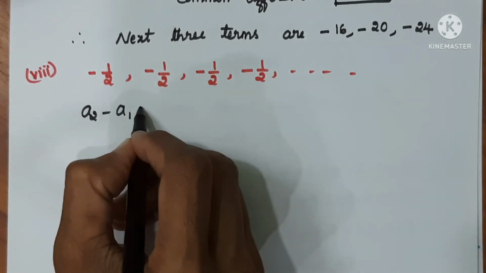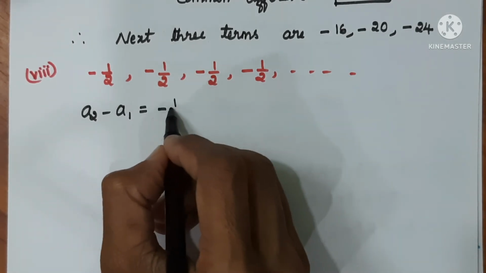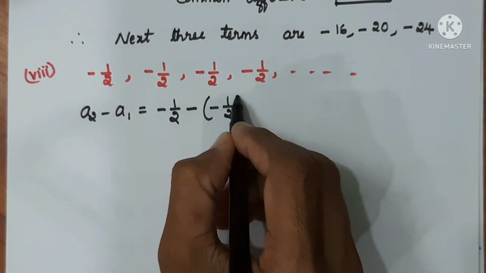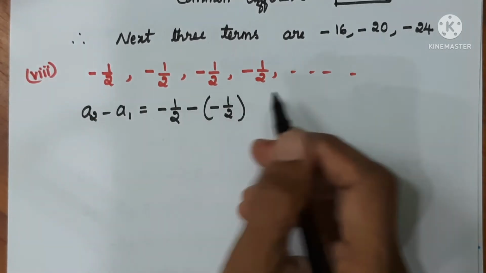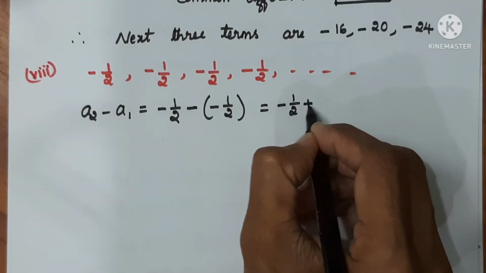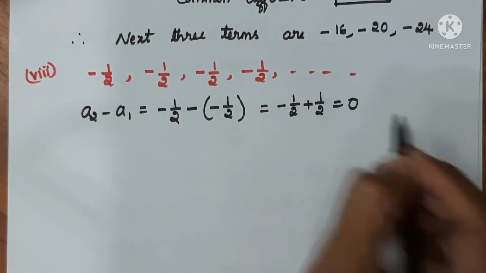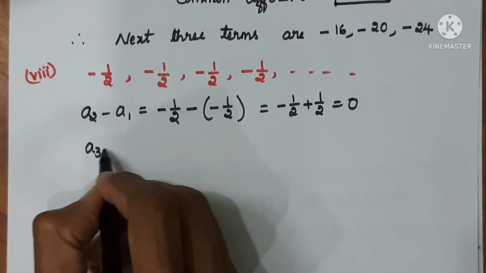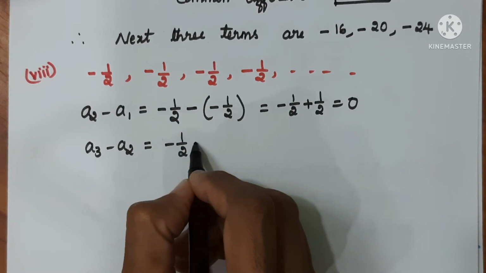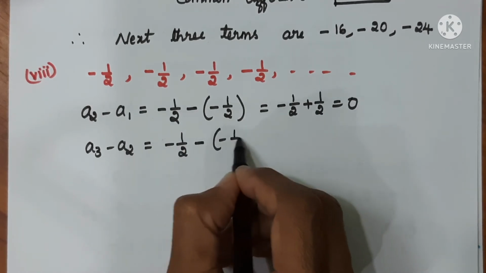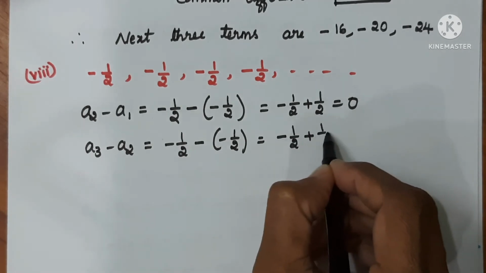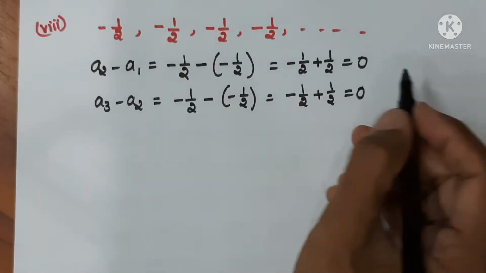A2 minus A1 equal to, second term is minus half, minus first term is minus half. Since it is having the negative sign, we have to put the bracket. Minus into minus plus. Minus half plus half will be equal to 0. Again A3 minus A2 will be equal to, third term is minus half, minus second term is minus 1 by 2, which is equal to minus 1 by 2 plus 1 by 2 get cancelled and we get 0.